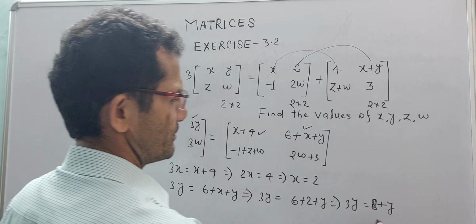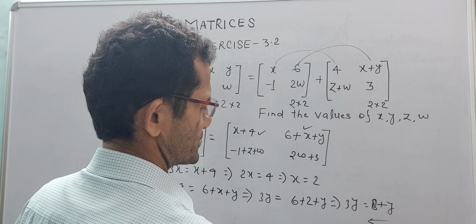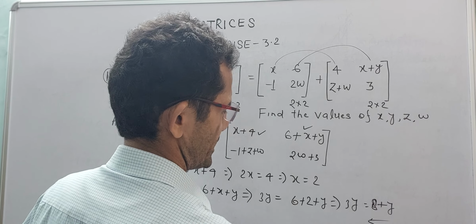So 3y minus y, that is 2y, is equal to 8, so we get the value of y.